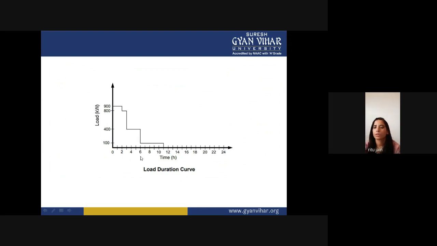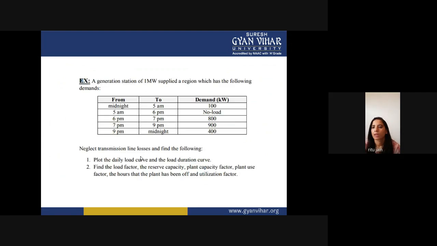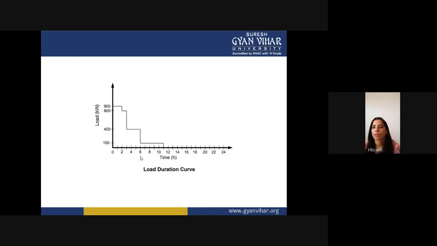Next is your 100, which is from midnight to 5 a.m. So from midnight to 5 a.m., you can easily calculate it. It is 5 hours. So for 5 hours, this load is your 100 kilowatt. So we are taking hourly load over here in load duration curve. So this is the basic difference between your load curve and load duration curve.